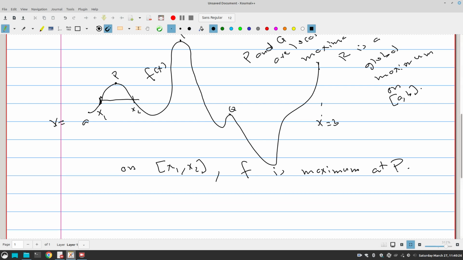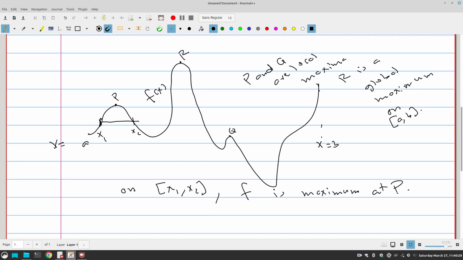Of course, on this range, let's call this x3, let's call this, I don't know, x4. So on x3 comma x4, f is maximum at Q. Notice what we're doing here.